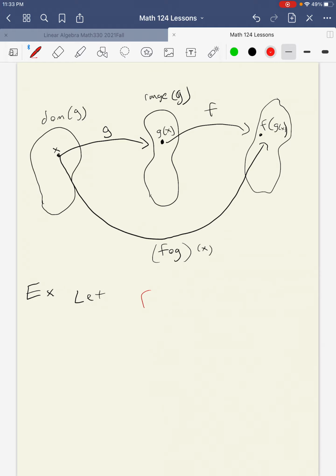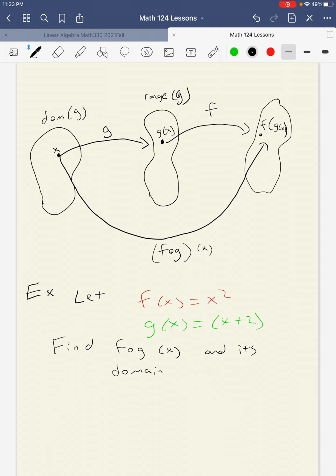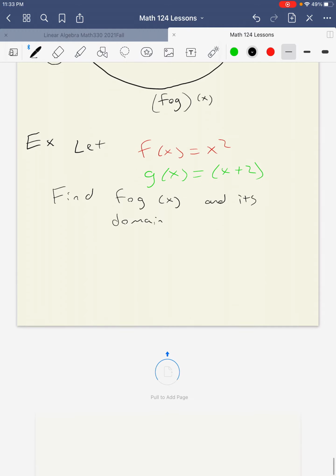Let f of x equal x squared, and then here in green we will say g of x is x plus 2. Find f of g of x and its domain.